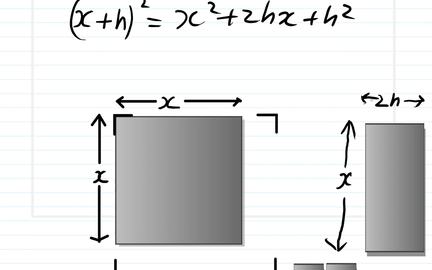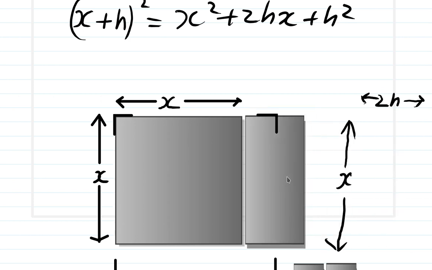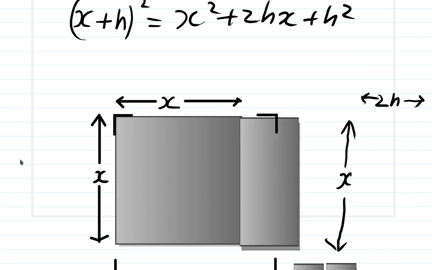But the thing is, if I move this rectangle here, it will be too large. What I need to do is cut the rectangle in two halves. And what happens here is that half of it would fit.